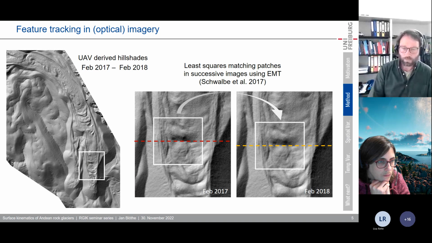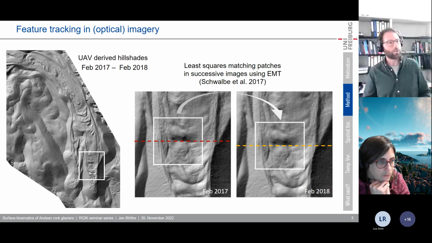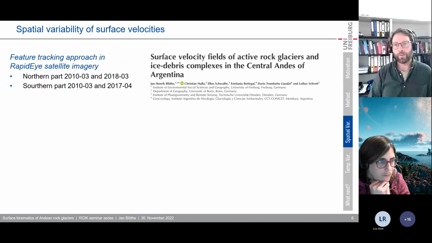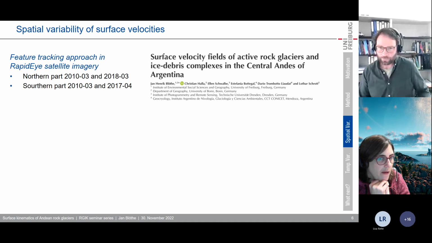And we can not only do this in hillshade imagery, but we can also go to other imagery. In the paper, I just copied the head of this paper here, we were using RapidEye satellite imagery, roughly a ground resolution of 5 meters.